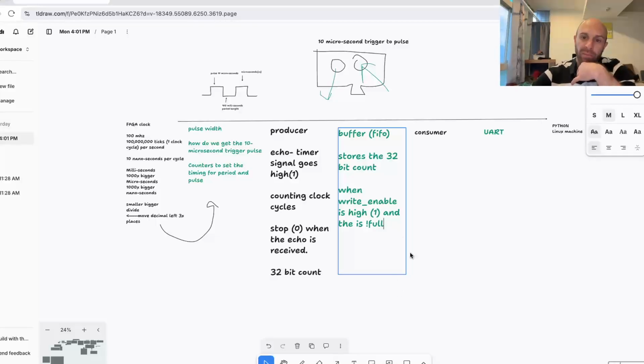That's the main function of a FIFO buffer, the read and write. It's writing data in, and this is reading out, at the same time checking if it's full, checking if it's empty.